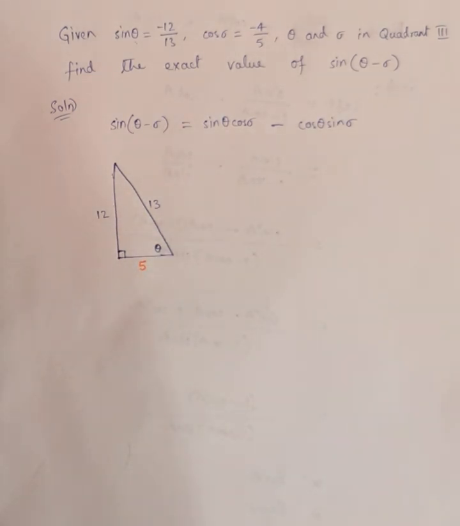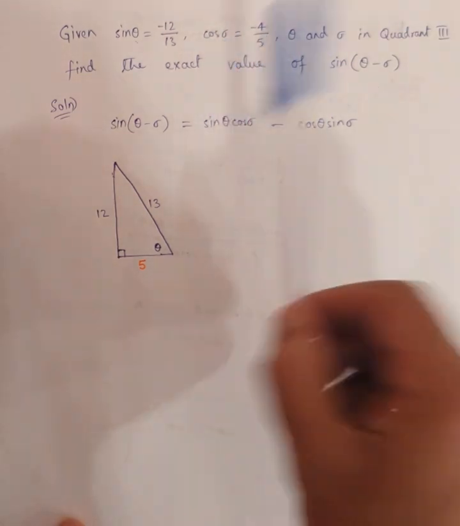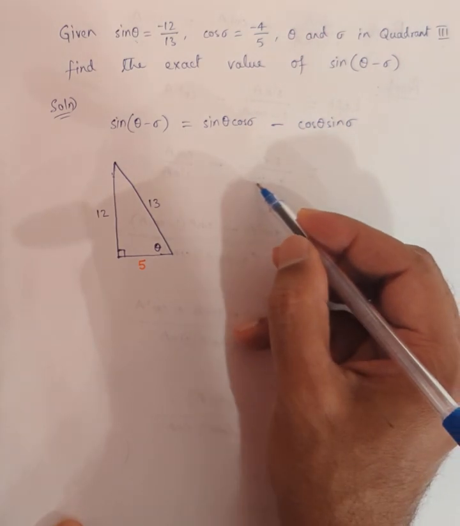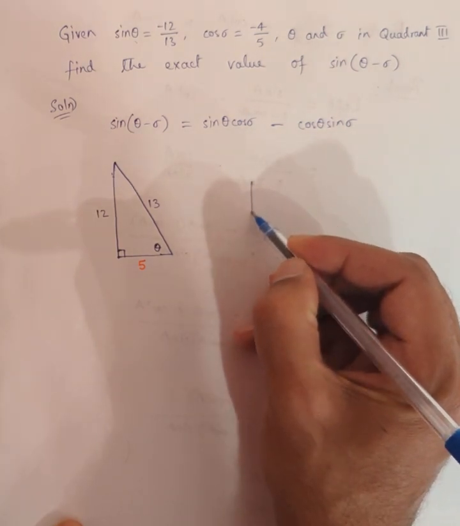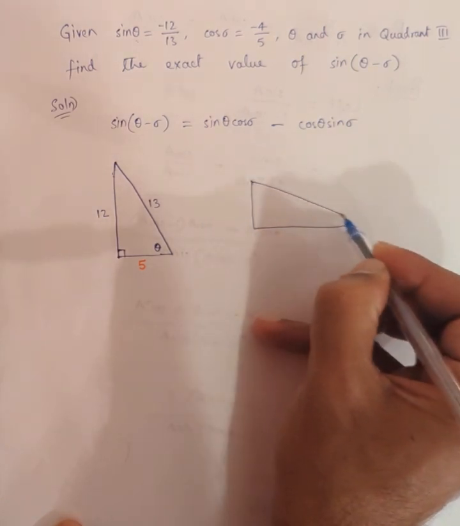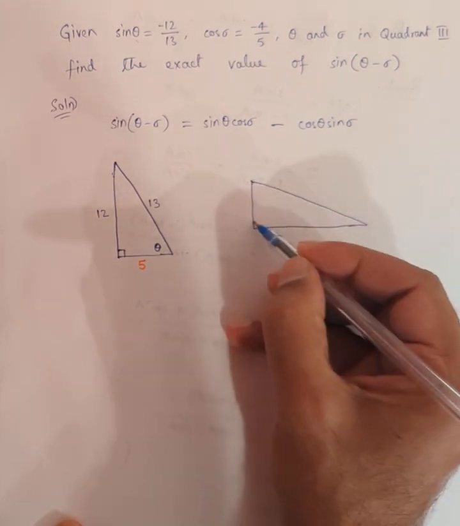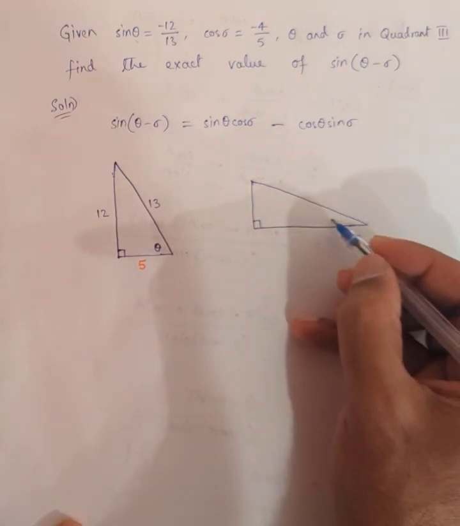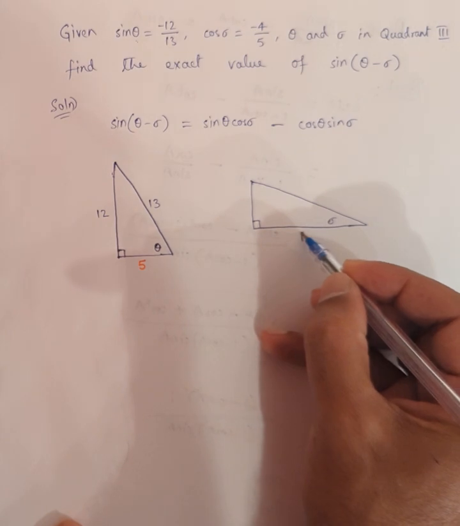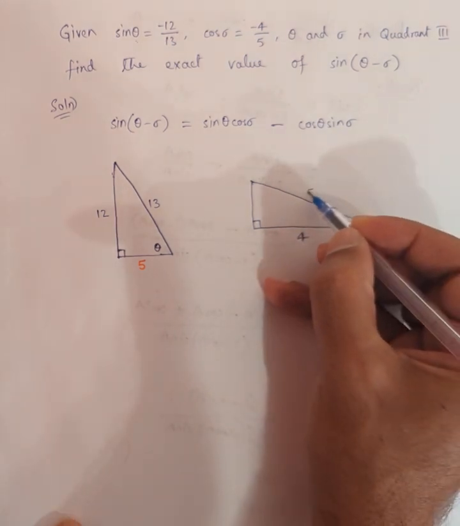So that's nice. And now let's use cos sigma equal to 4 over 5. So I'm going to draw another right triangle which will have that information. Call this acute angle sigma, and cos is adjacent over hypotenuse. So if this is 4, that is 5.